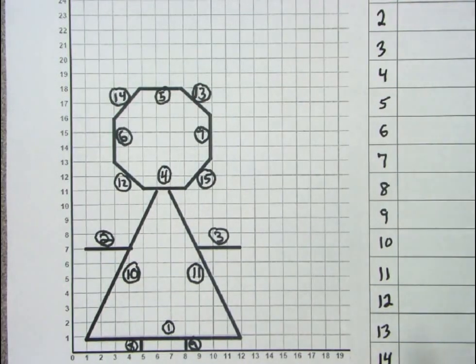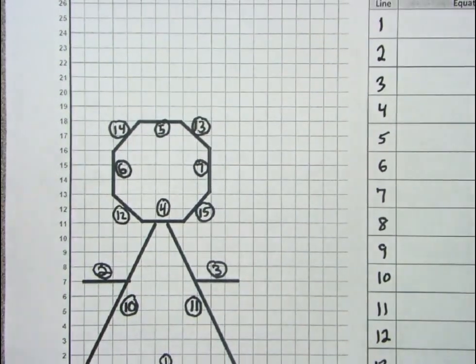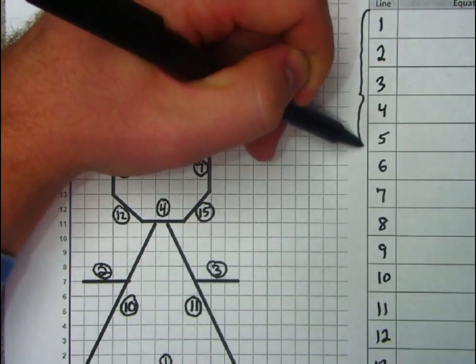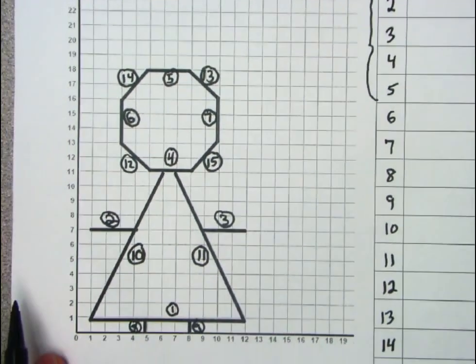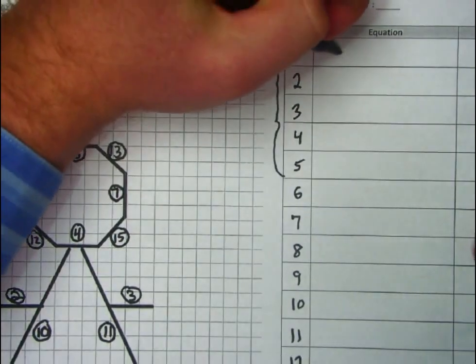Okay. So as I mentioned, 1 through 5 are horizontals. All those are horizontals. So something like line 1 would be y equals 1. Okay, these are usually the easiest ones because there's no slope to figure out.